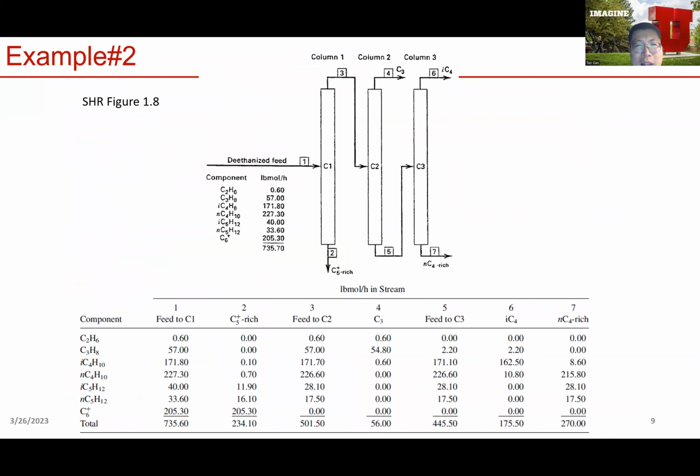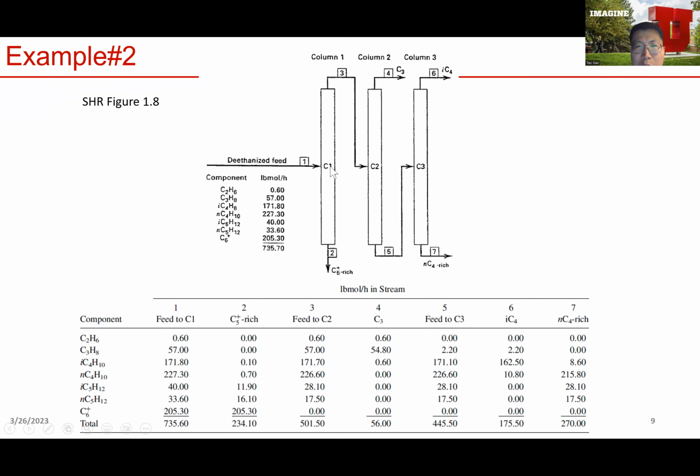So let's look at another example, right? Here, we're trying to separate a hydrocarbon feed with different hydrocarbons with different chain lengths from C2 to C6, right? So they are going to have different volatility because they have different molecular weight and length. So we use a 3-stage process to separate them. So the feed 1 is a mixture of C2 to C6.